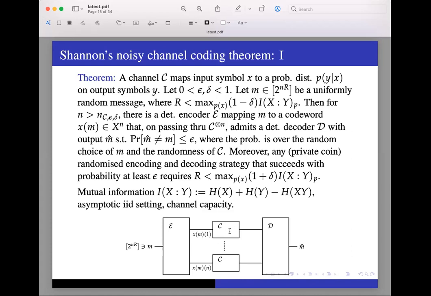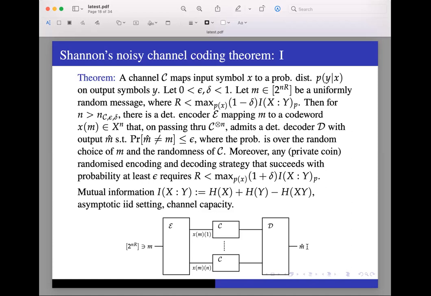Now that passes through the channel, so there are n independent copies of the channel. So I get some distribution output. So the distribution is over n-tuples of y, okay, n-tuples of little y. Now the decoder gets a sample from this distribution, these n-tuples, and tries his best to decode, and he outputs some m hat.